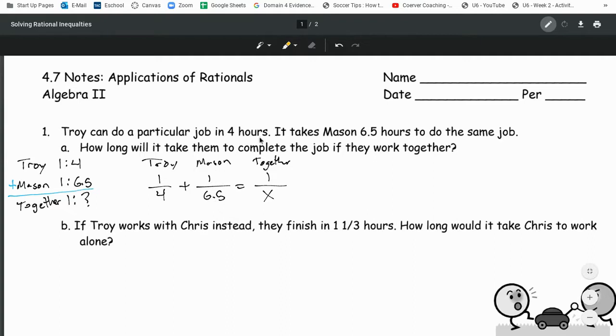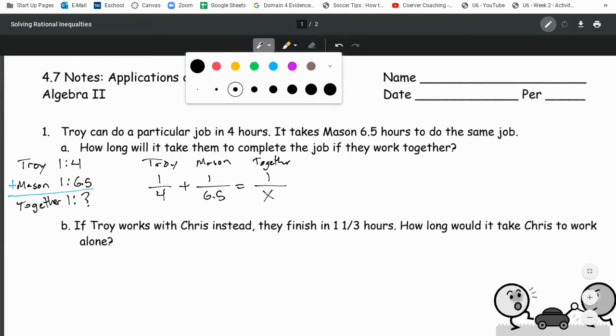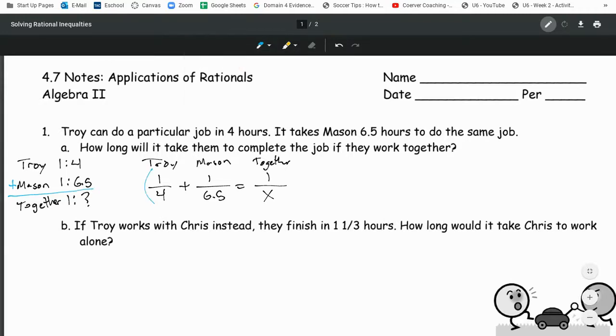So the hard part about today is going to be organizing your data and then writing your equation. If I'm solving this equation, I do need to multiply by the least common multiple, or the common denominator. I really want to eliminate every variable in the denominator. So I'm simply going to multiply by 4, by 6.5, and by x.